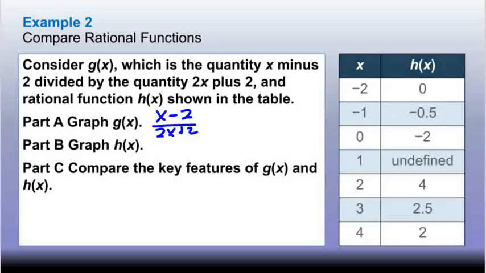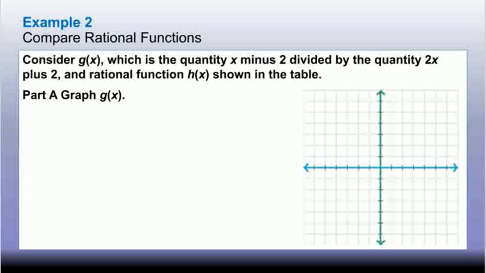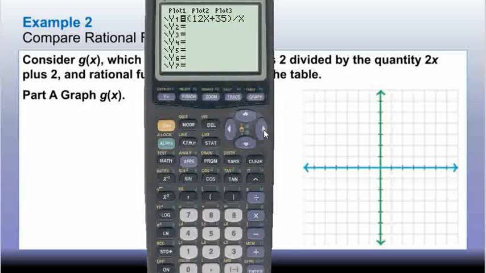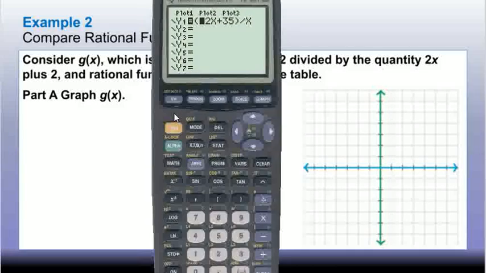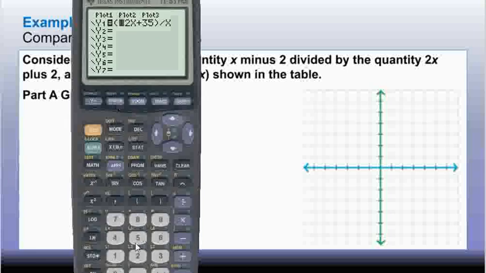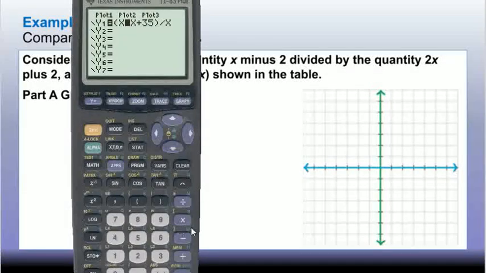So first, let's graph g of x. So g of x, grab our calculator here. Y equals, so this is going to be x minus 2 divided by the quantity of 2x plus 2.